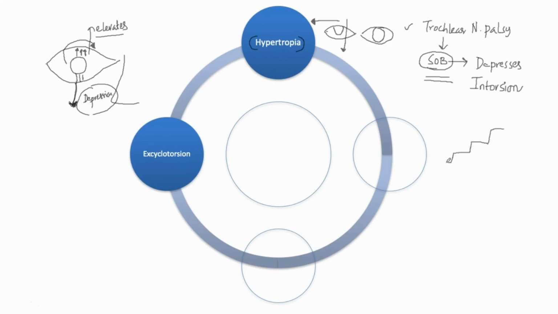So when he is trying to walk down the stairs, he should look down. But on the affected side, what happens? The eyeball cannot depress. So this leads to development of vertical diplopia. So what is the presentation of cranial nerve palsy? It causes vertical diplopia. Very important.